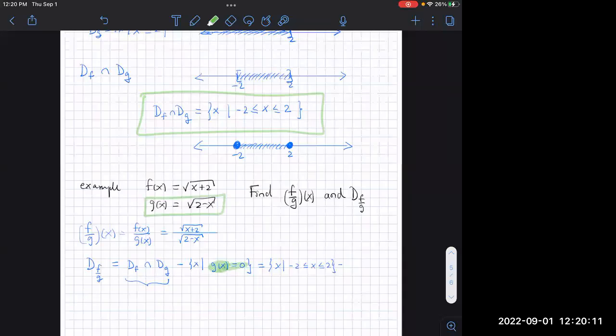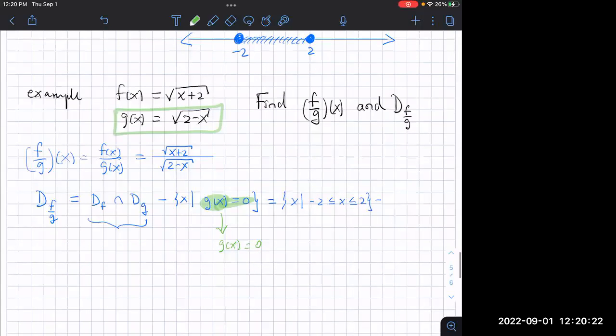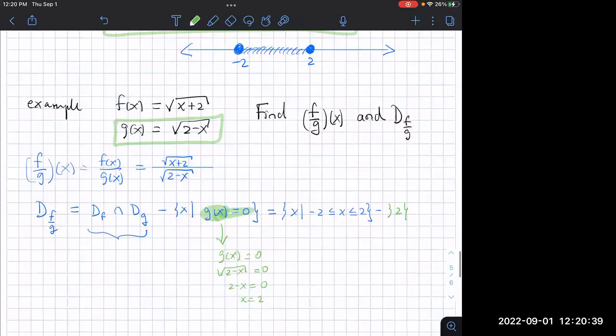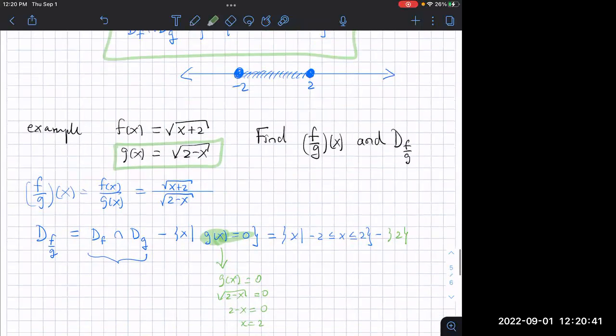There is the g function, right? What makes this g function 0? The square root of 2 minus x equals 0, square both sides, 2 minus x equals 0, add x on both sides, so x equals 2. So we have to exclude 2.